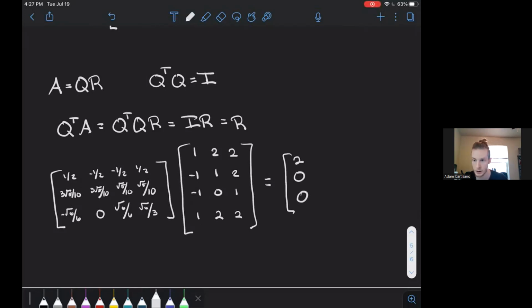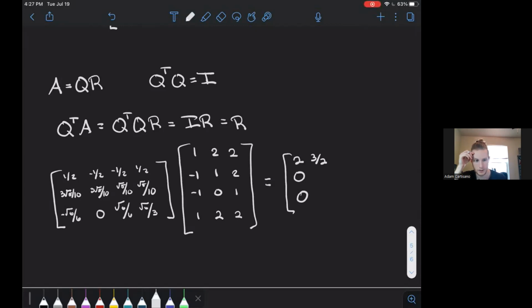The next diagonal entry we expect to be non-zero, but this next, I guess, 1, 2 entry: 2 times 1/2 is 1, minus 1/2 is 1/2, 0, and then plus 1 is 3/2. That's not so bad. The next one we expect to be a non-zero number.